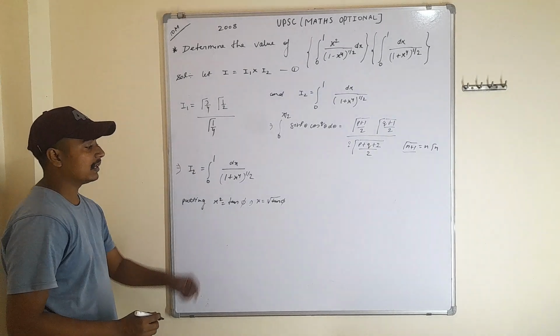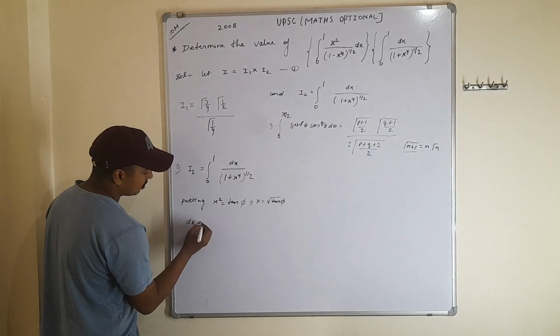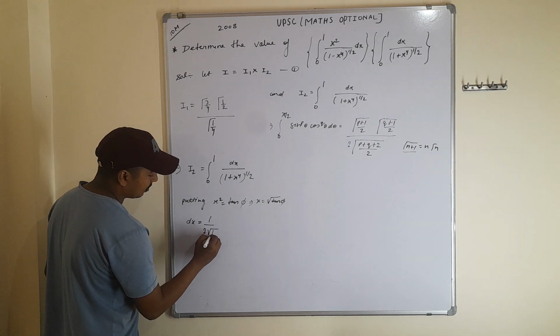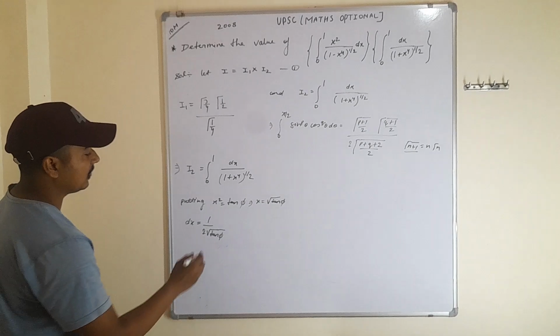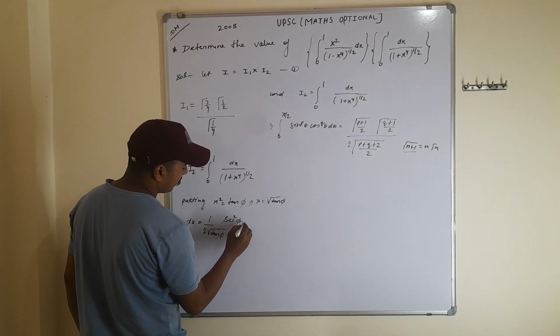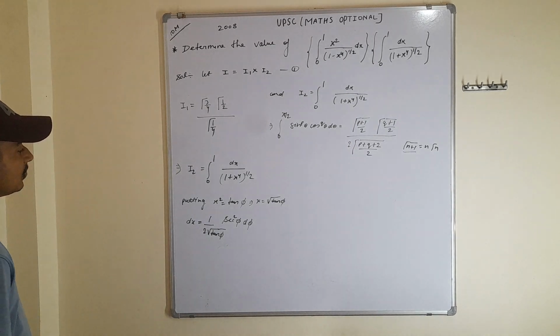Differentiating with respect to phi, dx is equal to 1 upon 2 root tan phi, and differentiation of tan phi is sec square phi d phi.